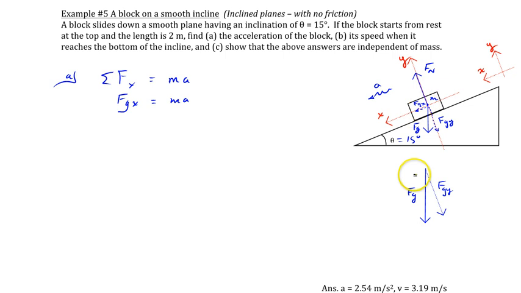And now this Fgx, which is up here, I'm just going to move over here so that I can make a right triangle. And this is the x component of the weight. And remember, the x component and the y component are along the x and y axes, which are perpendicular to one another. Hence, these two components are perpendicular to each other. So this is a nice right triangle.